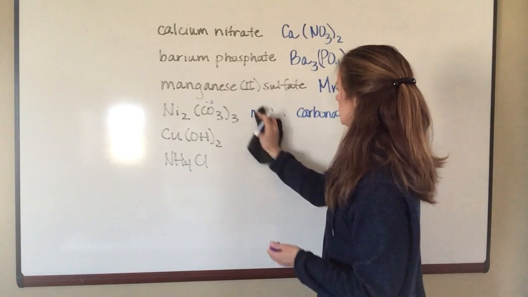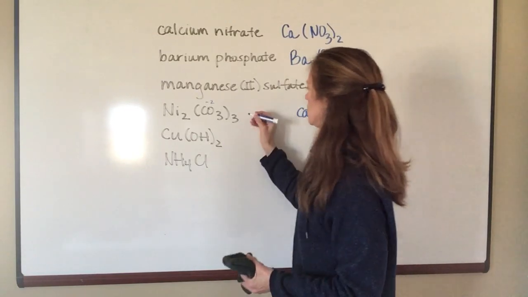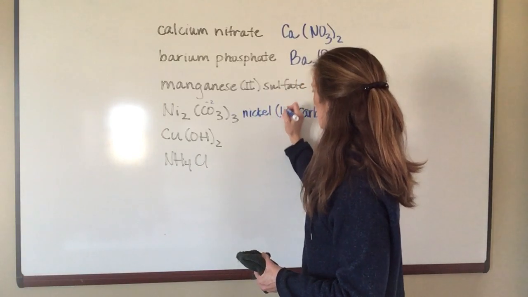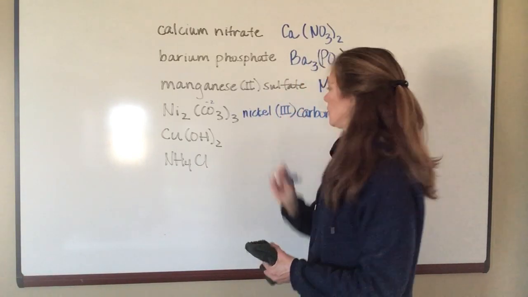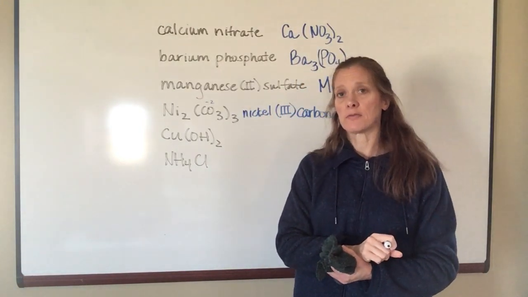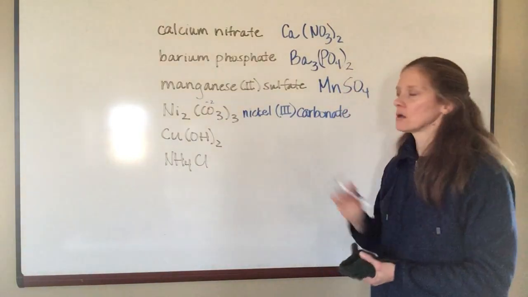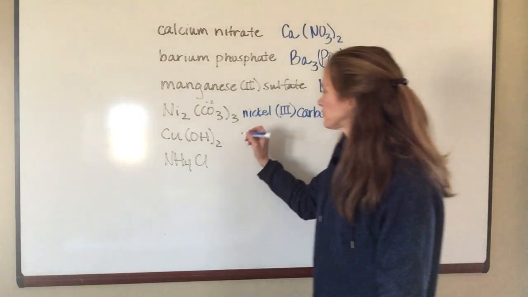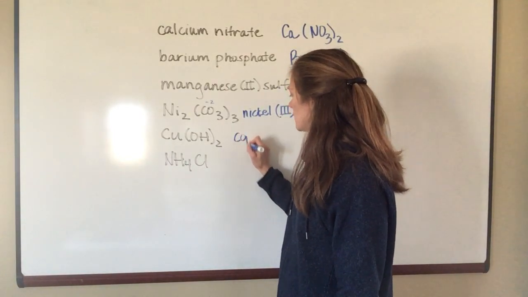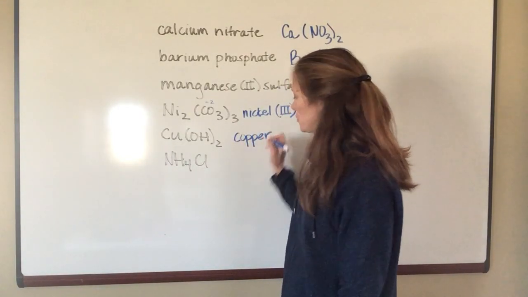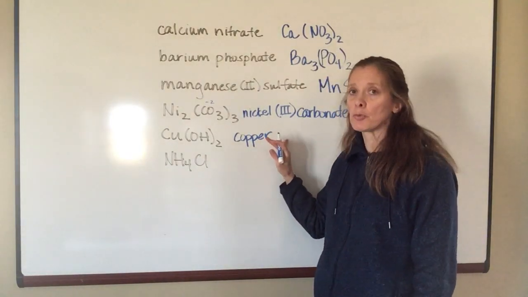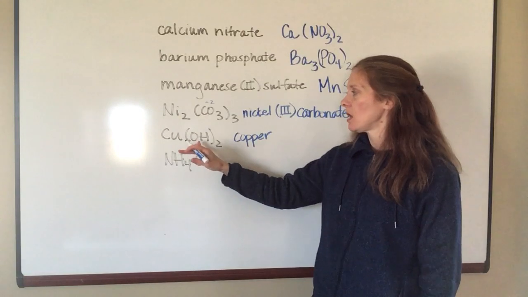And I almost didn't leave myself enough space here, so I'll move this over just a little bit so I can get my Roman numeral 3 in here to show that that has to have a +3 charge. Nickel 3 carbonate. Okay, this one is very similar. Cu is copper, but again, it's a transition metal on the periodic table, so there's going to have to be a Roman numeral in there to tell me what the charge is.